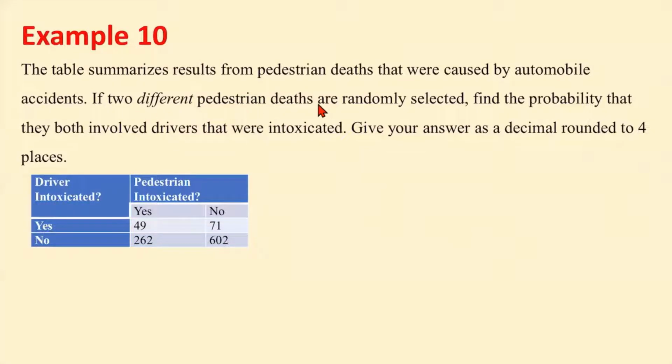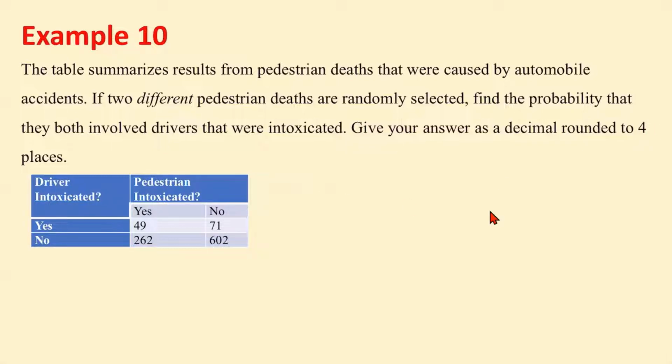If 2 different pedestrian deaths are randomly selected, we have to find the probability that both involved drivers were intoxicated. That means in the first accident the driver is intoxicated, and also in the second accident the driver is intoxicated. We are asked to write the answer to 4 decimal places.